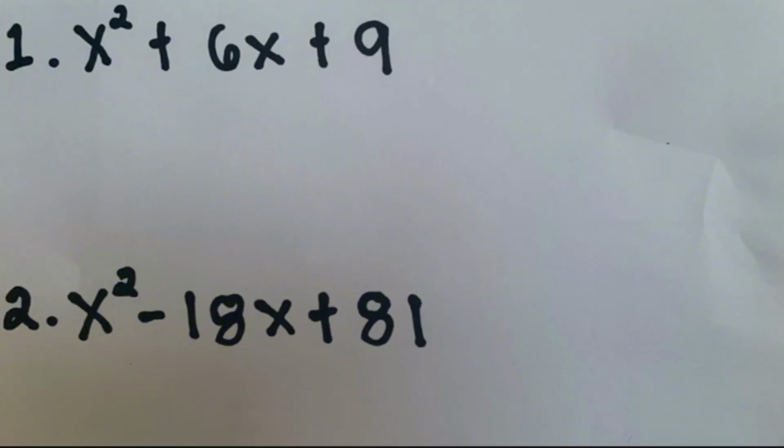In example number 1, x squared plus 6x plus 9. Since our first coefficient is 1, we will base on the last term, which is 9. What is the square root of 9? The square root of 9 is 3, right? So we multiply that by 2. 3 times 2, the result should be the coefficient of the middle term, which is 6.